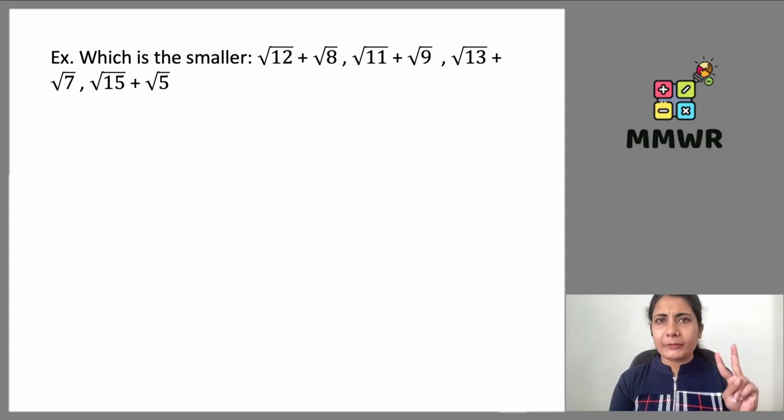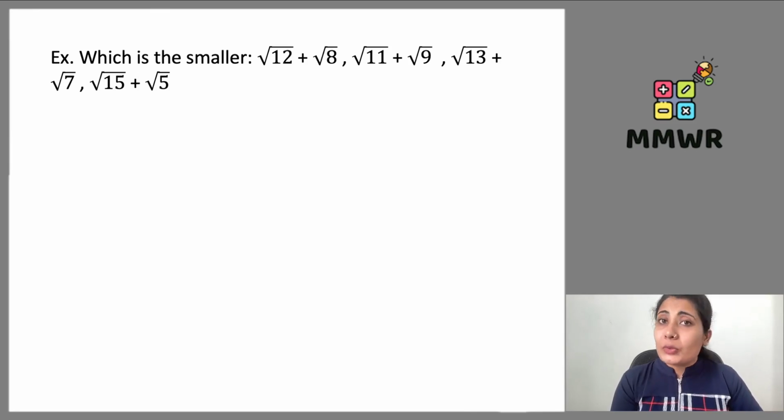We'll be looking at two types of cases. Another video I'll make for the difference one. When an addition operation is there in between, you simply have to check whether the sum is the same. Sum has to be the same.